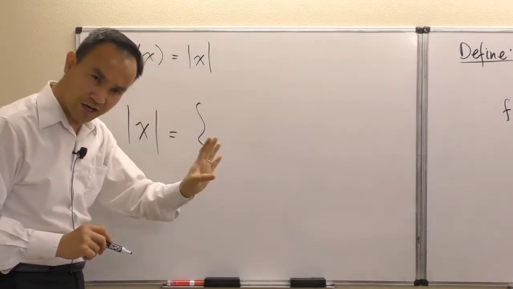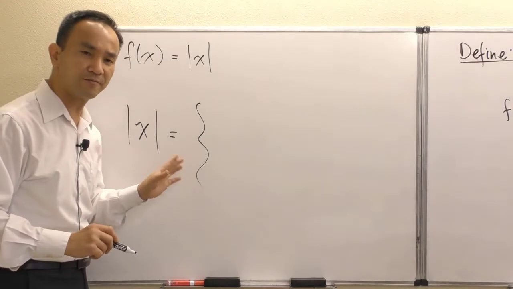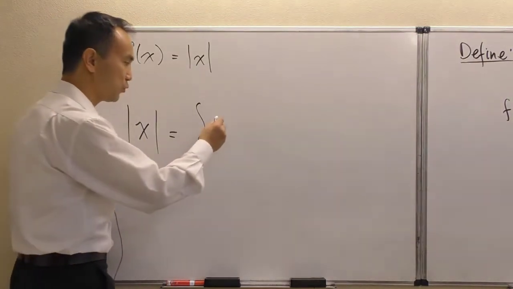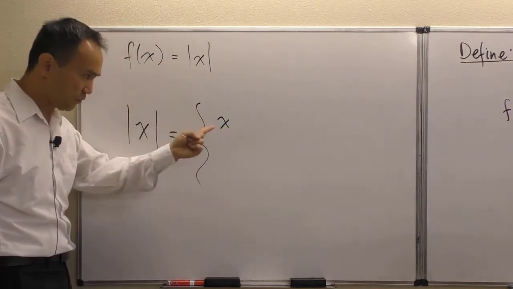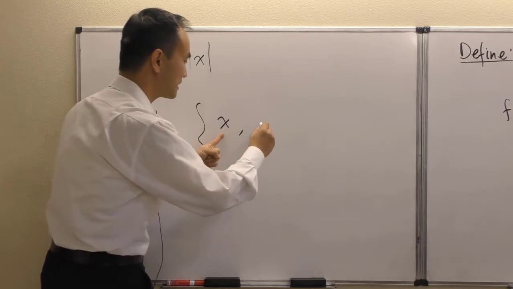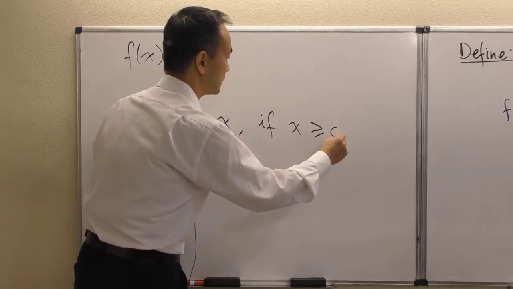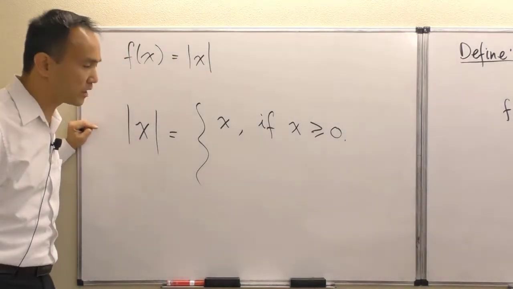But to really tear it down algebraically, here's what we have learned from a course prior to this one. Absolute value of x will equal simply x if x is greater than or equal to 0.